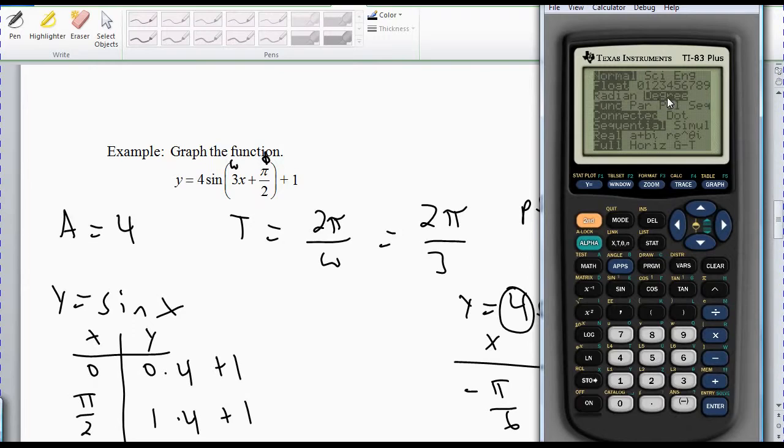I can leave it in degree or I can change it to radian. In fact, I'm going to do something a little different than what I've been doing in other videos. I'm going to put it in radians. And then when I do that, I'm going to use second pi divided by 2 plus 1. Let's graph it.